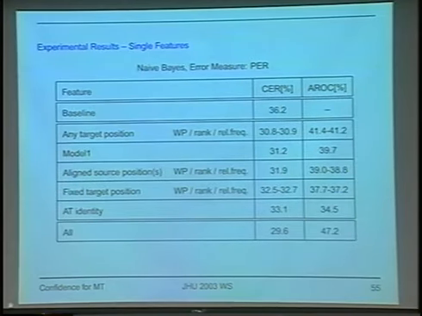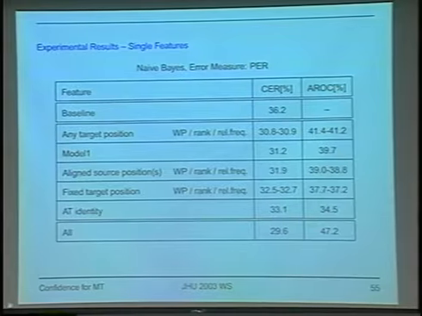So first of all, we investigated single features using a naive Bayes model that Alberto implemented, and that was used for the sentence level as well. And the error measure we are looking at here is the position independent error rate with respect to the nearest reference in our reference set. The performance measures I'm giving here are the AROC, that is the area under the ROC curve, which we saw before on the sentence level, and the CER, the classification error rate.